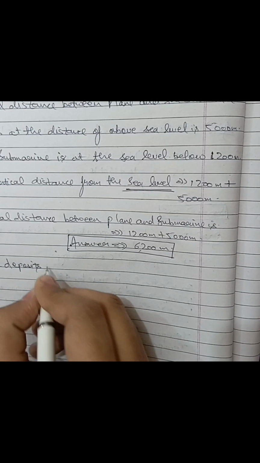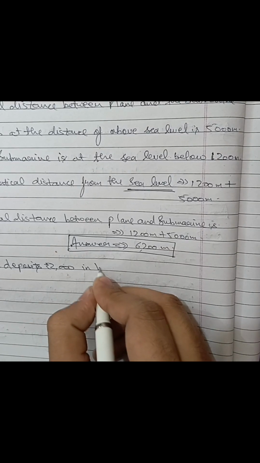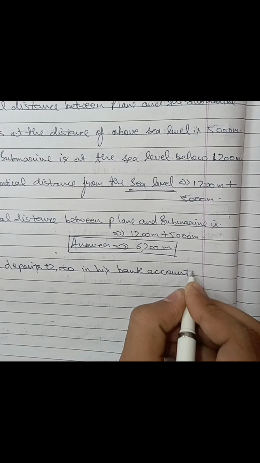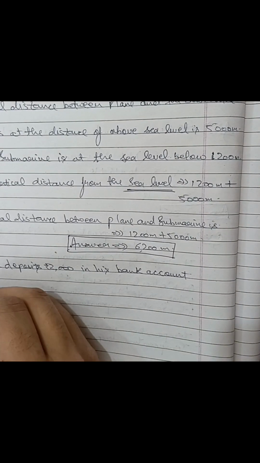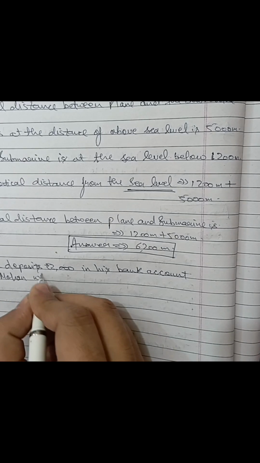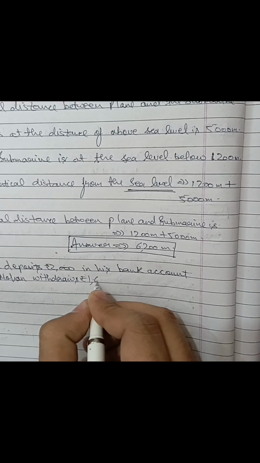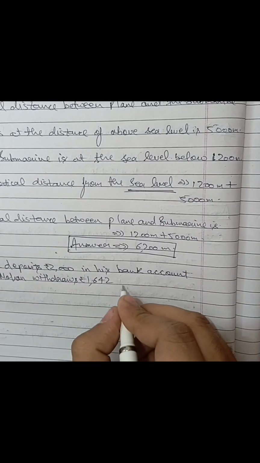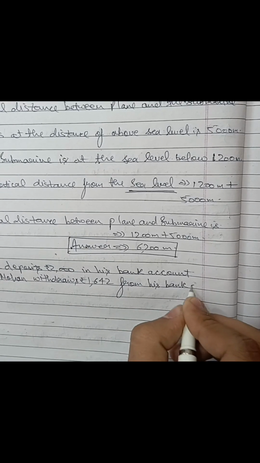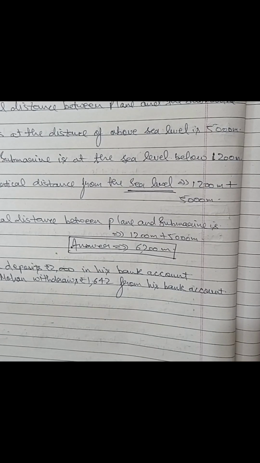Mohan deposits rupees 2000 in his bank account and Mohan withdraws rupees 1642 from his bank account.